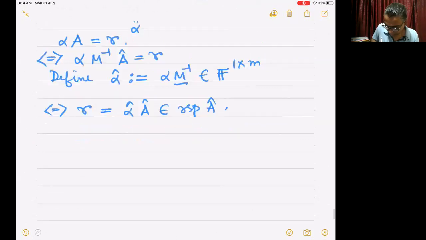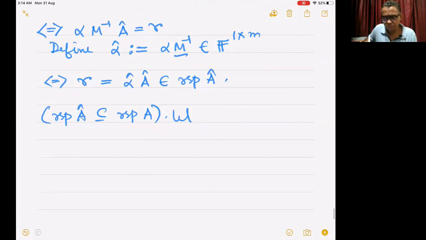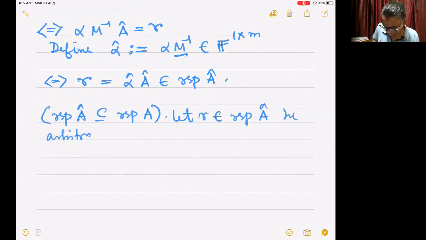The other way is in fact easier. We have to prove that RSP of A hat is contained in RSP of A. I'll do it quickly. Let R hat in RSP A hat be arbitrary.